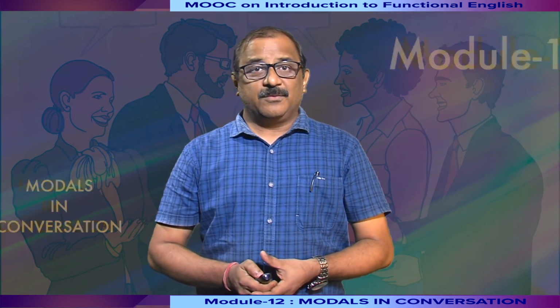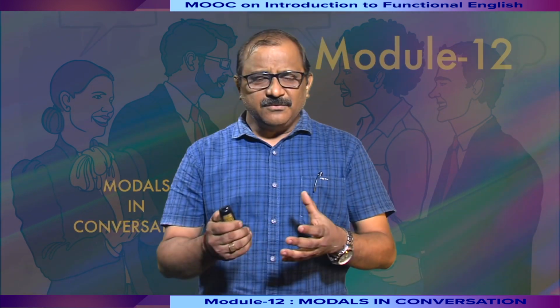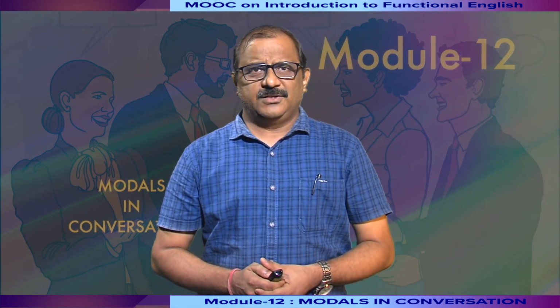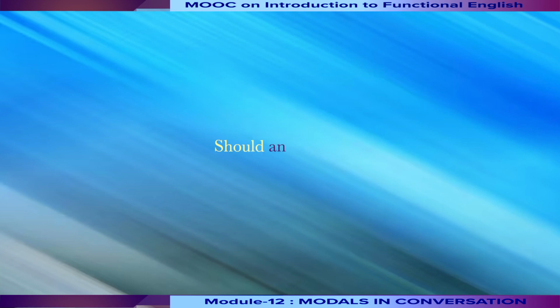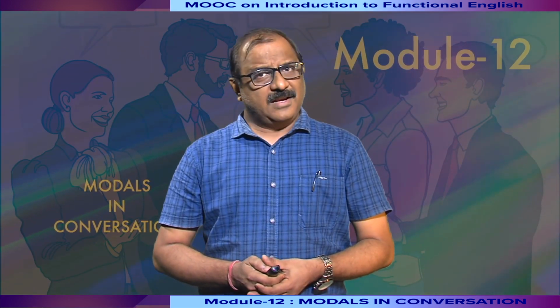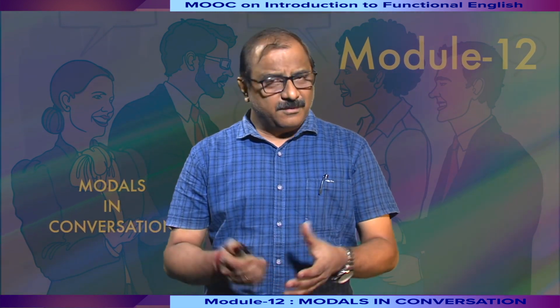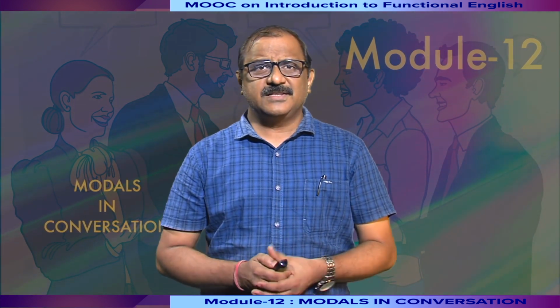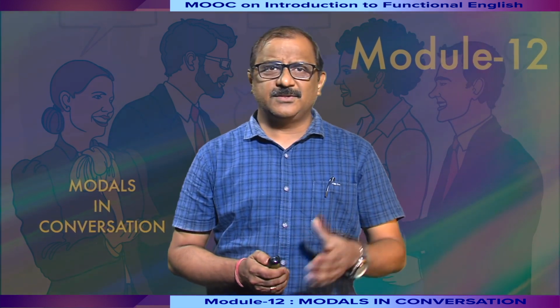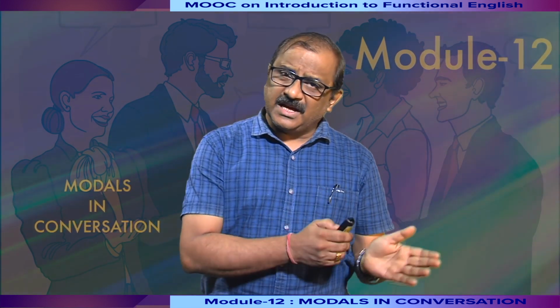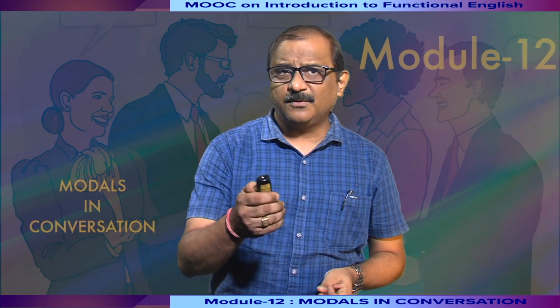Okay. From there, let us move on to very important modal auxiliaries in English: should and would. Now, should and would, I think all of you are quite familiar with this, that in some cases they are used as the past equivalents of shall and will.